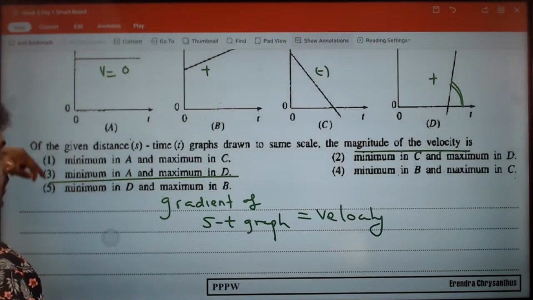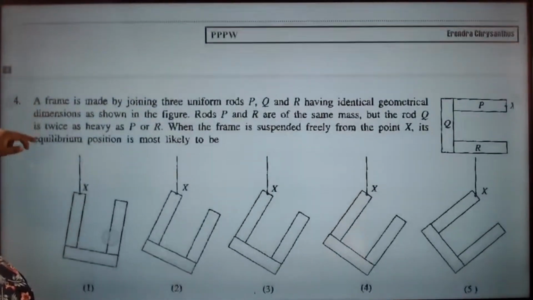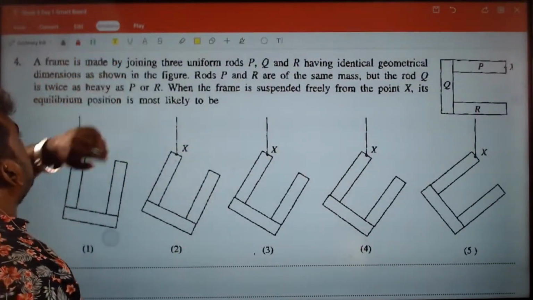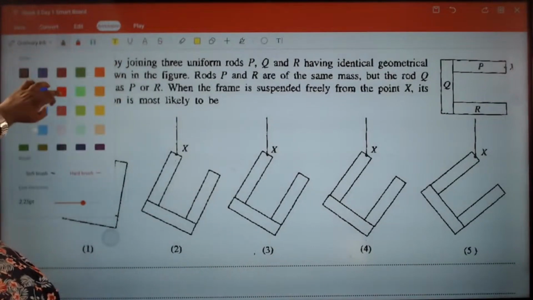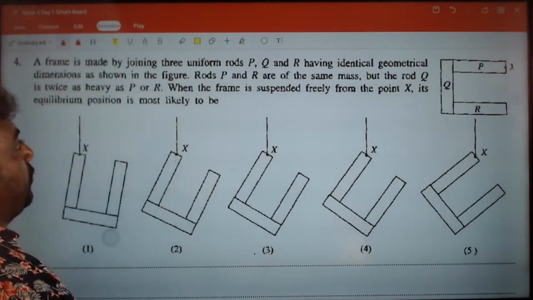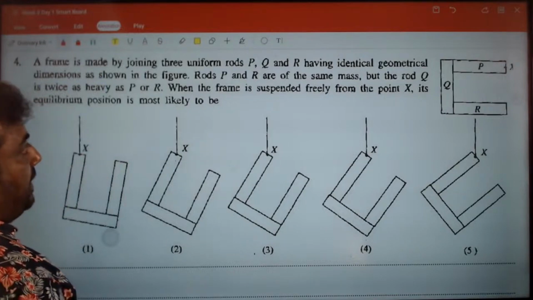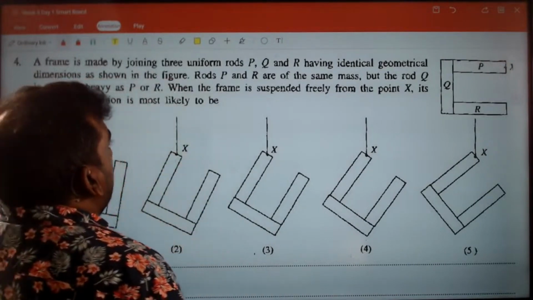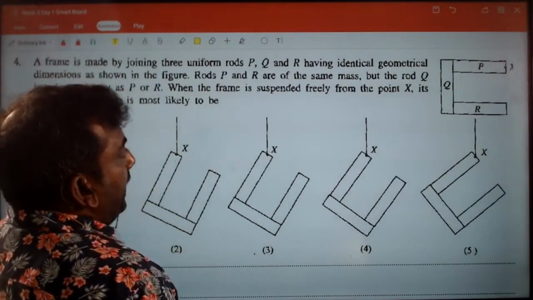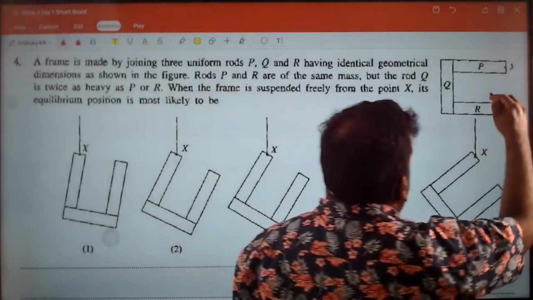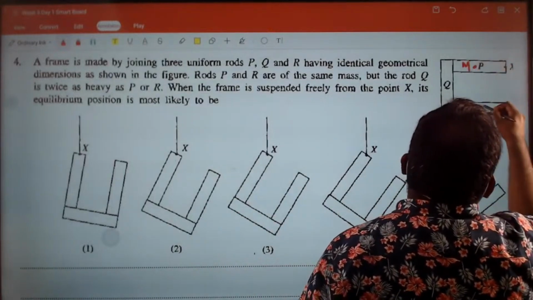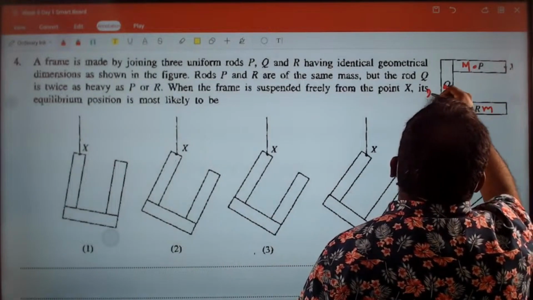Okay. Next one. A frame is made by joining these uniform rods P, Q, R having identical geometrical dimensions. P and R have the same mass. So here you go, here mass m, here mass m, here double the mass 2m.